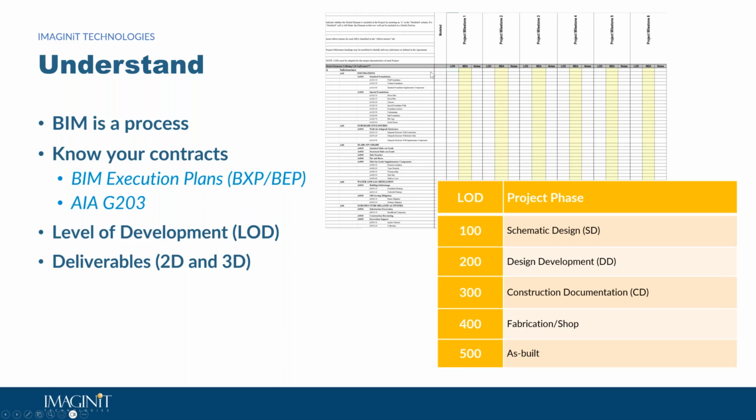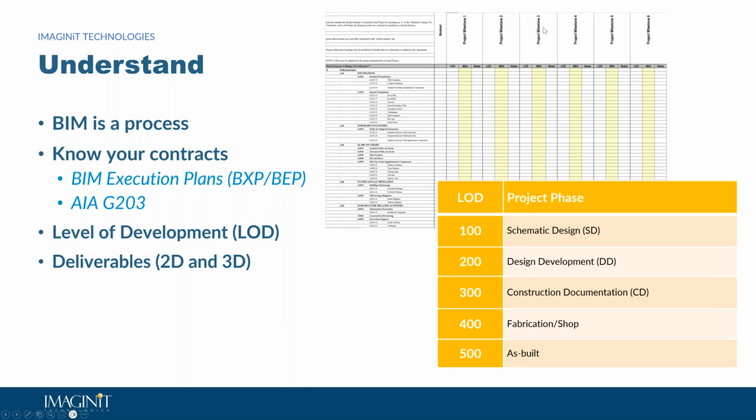I pulled this screenshot in the background here directly from the AIA G203, and this is what we call the LOD matrix. I'm just going to take a quick minute to talk about this, but in this case, the standard document uses the CSI Uniformat, so it's a sort of assembly coding system to really outline all of the different parts of a potential model in a project.